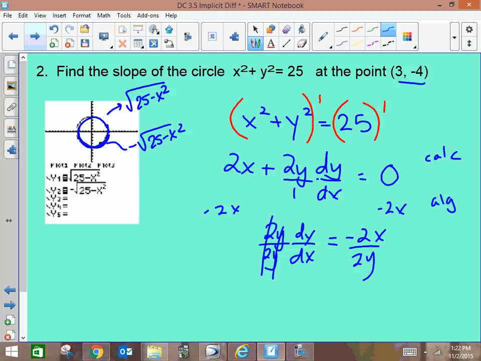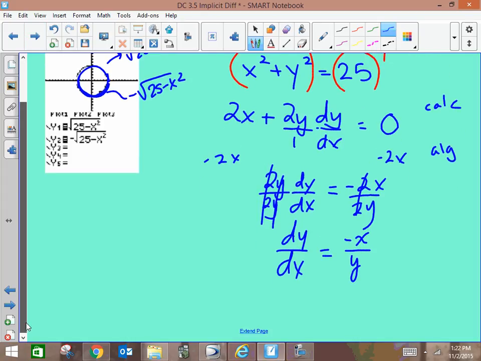And dy/dx, the derivative, equals negative x over y. Okay? Now we are interested in the point (3, -4), so we're going to draw our little line like we always do. What did I say? Negative 3, 4?